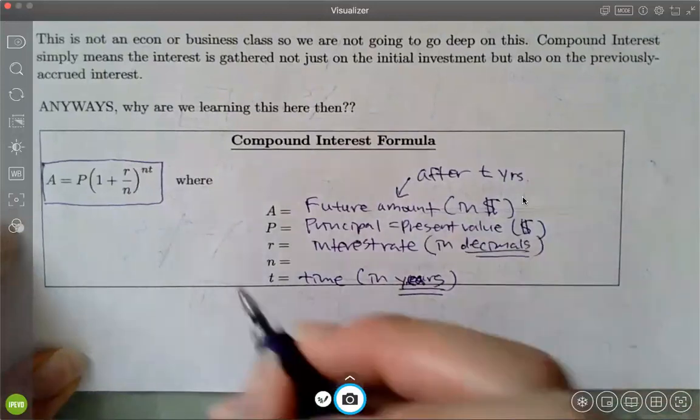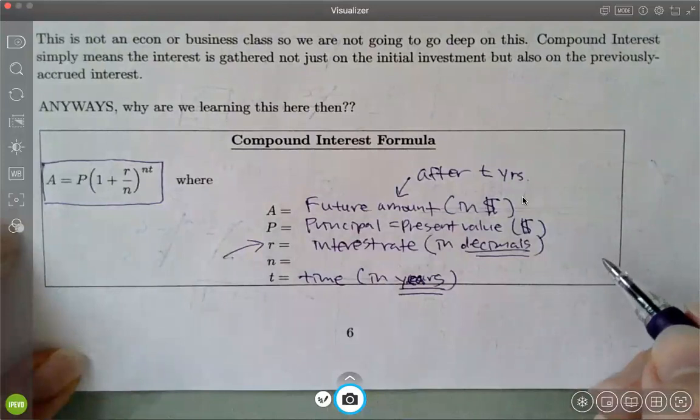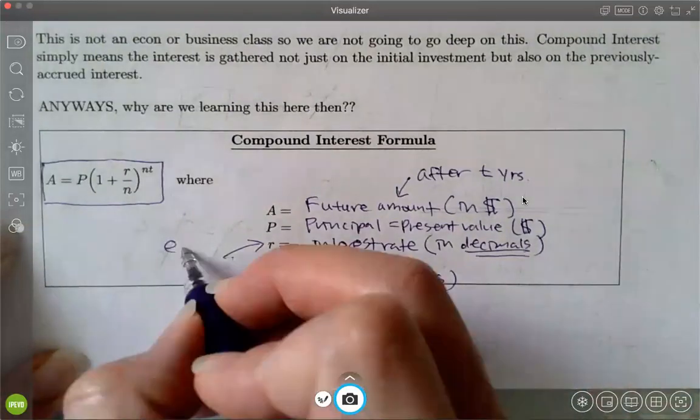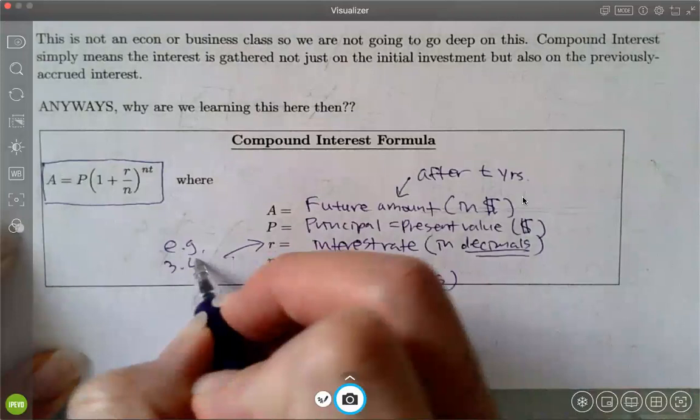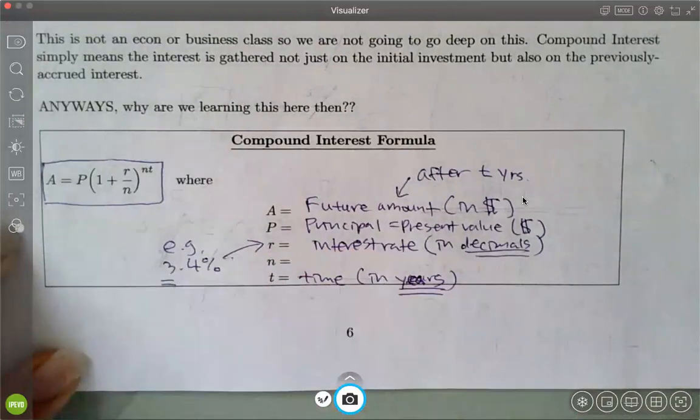You have to know how to convert percent into a decimal, right? Let's see how well you remember. 3.4%. What is its decimal representation? Don't say 3.4. Not that decimal, but how can you drop the percent and represent it as the equivalent decimal expression?